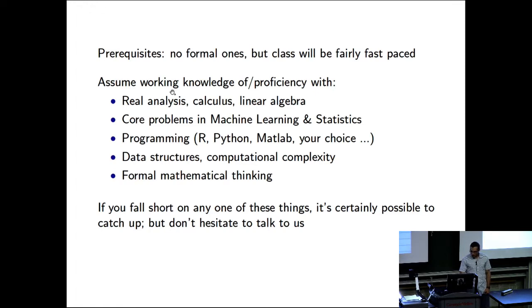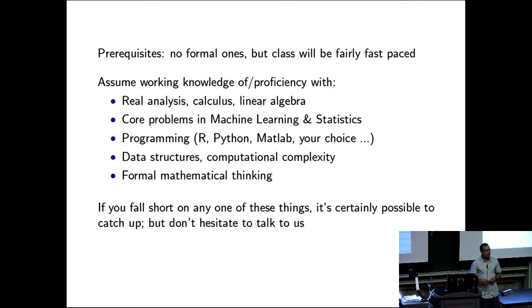The last two items here, I don't know, these are really vague, but we're going to be assuming that you're kind of familiar with, like rough working knowledge of data structures and computational complexity. So if we say something requires linear time or quadratic time, this kind of thing, we're kind of assuming you know what that means. And this one is the most vague of all. A lot of what we do, we're going to kind of be rigorous about why algorithms converge or why certain things occur in terms of convex optimization.